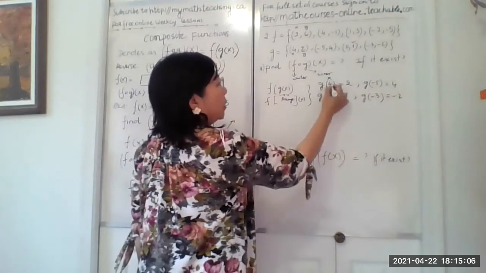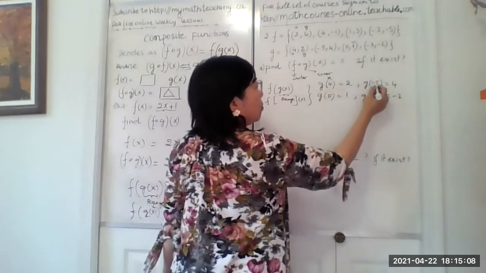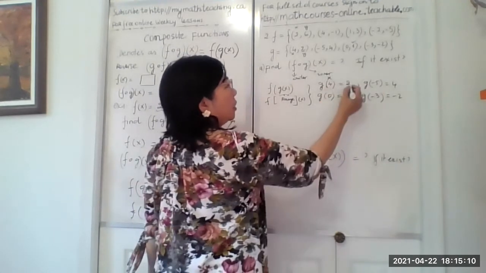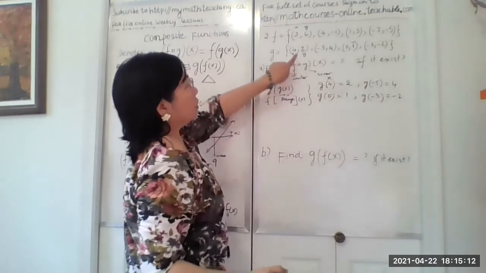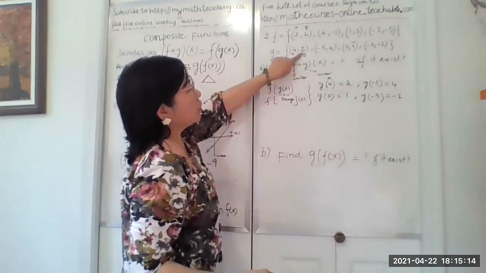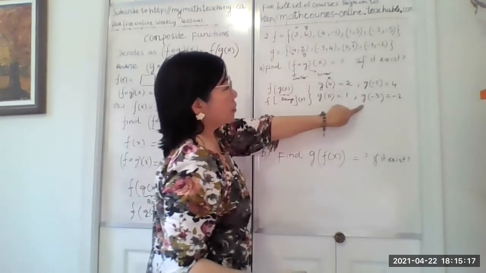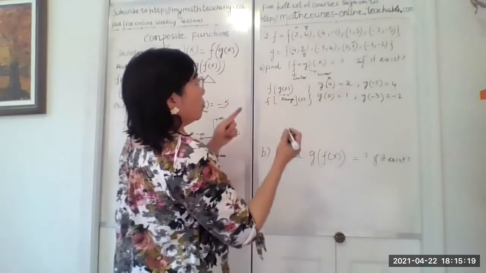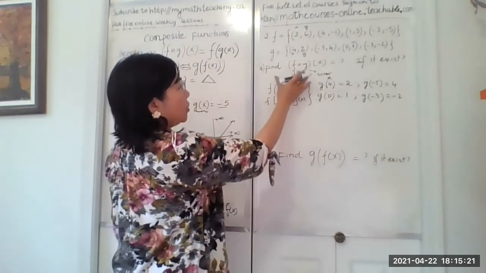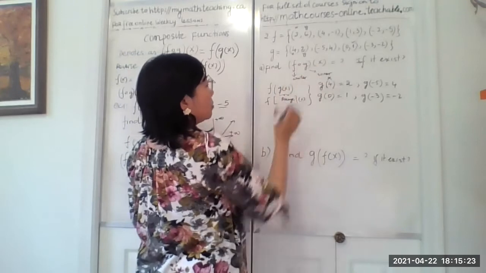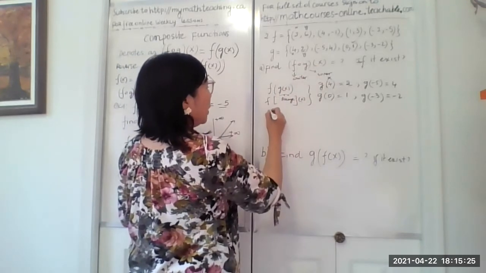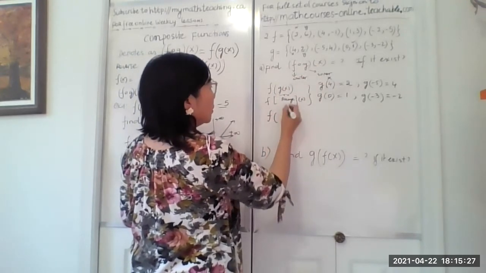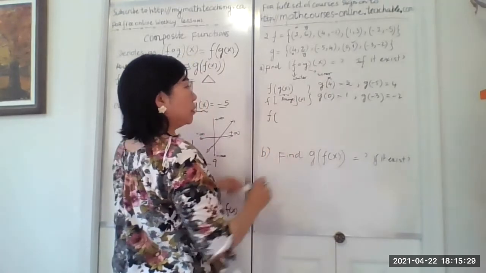So the number inside the bracket here is the domain of g. But the number outside the bracket, which is the second coordinate, the y coordinate, is the range of g. So basically, if the question asks you to find f of g of x, you have to find f of the range of g of x, right?